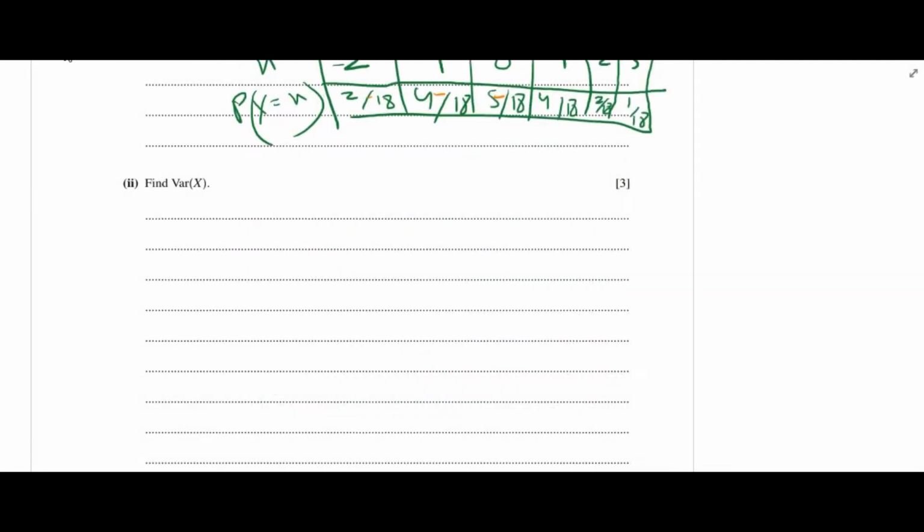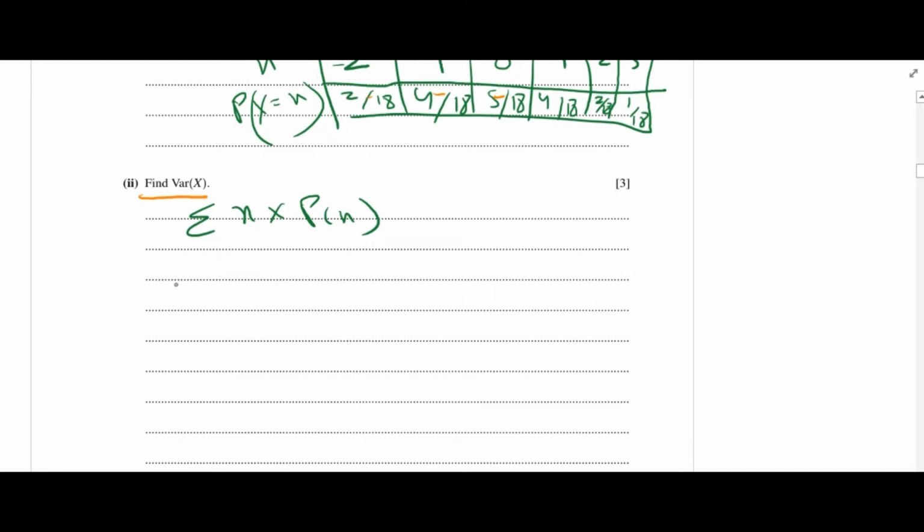In the next question, we are asked to find the variance of the number. Before finding the variance, we need to find the expected value of the variable X. For the expected value, we multiply x by the probability of x and sum all these numbers.